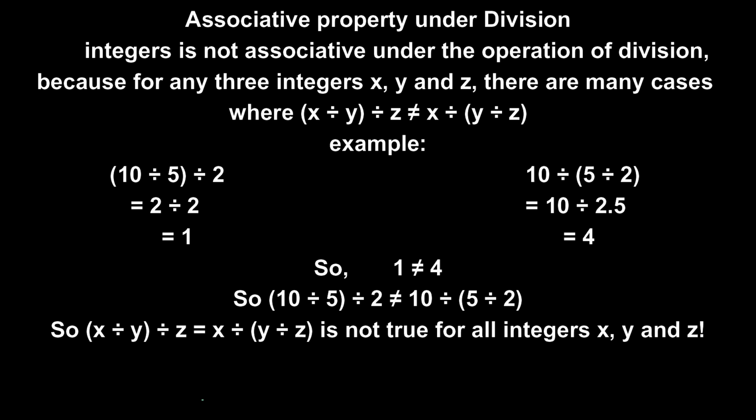Keep this in your mind: for all the properties, at the end, the important thing is where the property is applicable and where it is not applicable. In the case of associative, it is applicable for addition and multiplication, and it is not applicable for subtraction and division.